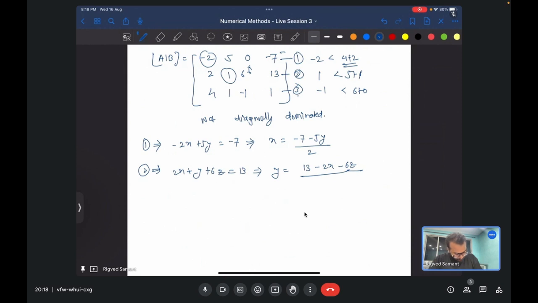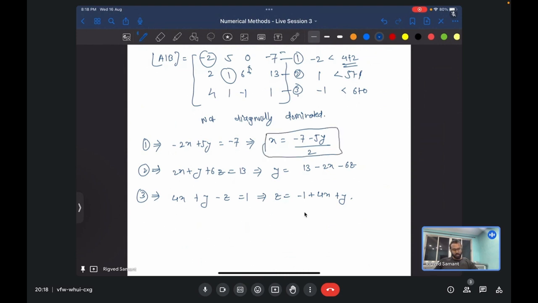And the third equation, 4x plus y minus z is equal to 1, gives z is equal to minus 1 plus 4x plus y. So these are the three equations one can write, right?